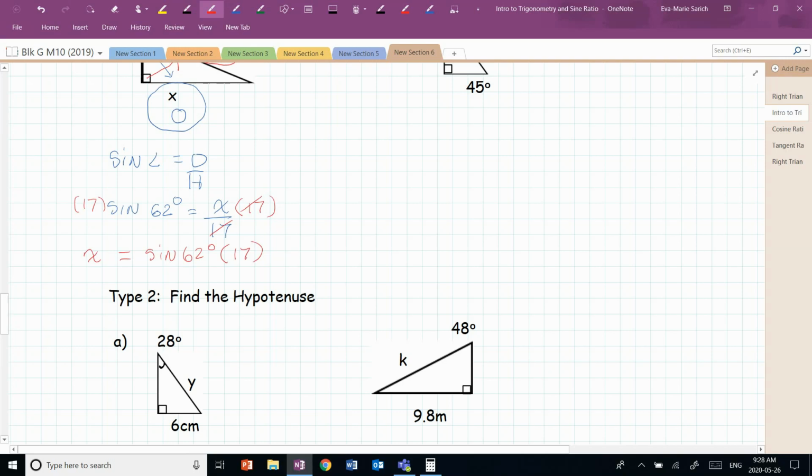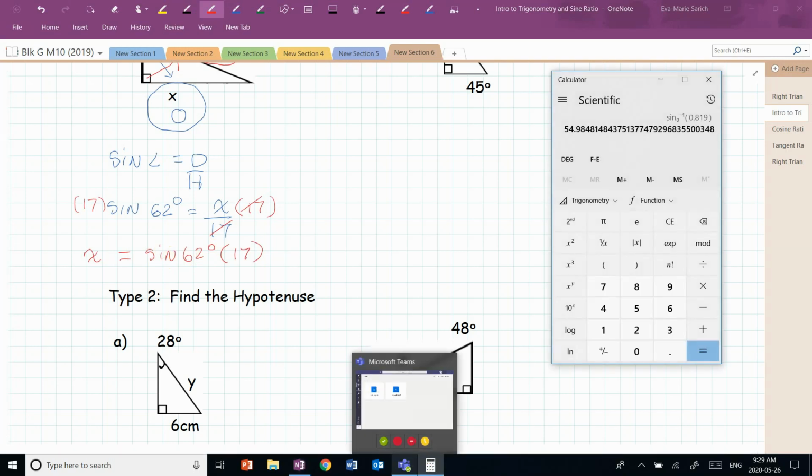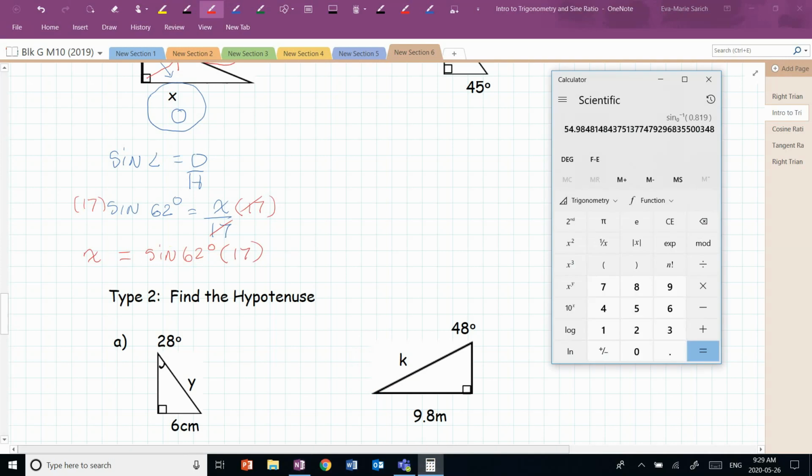Now, what is the sine of 62? That is a ratio, so you're going to use your calculator. Remember, we're looking for that 3 decimal ratio. If we're given the angle, we just find the ratio. Go back to your calculator and clear it. I punch in the 62 first, then go to my trigonometric function and press sine.